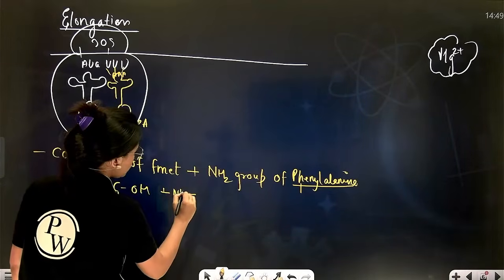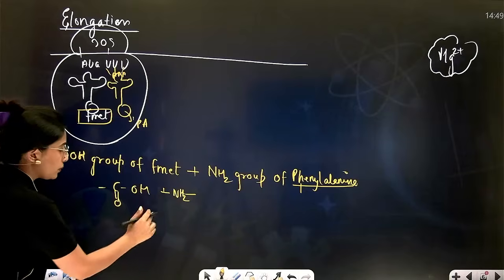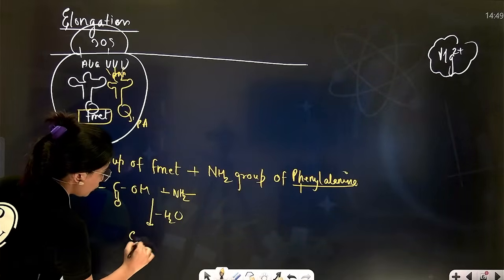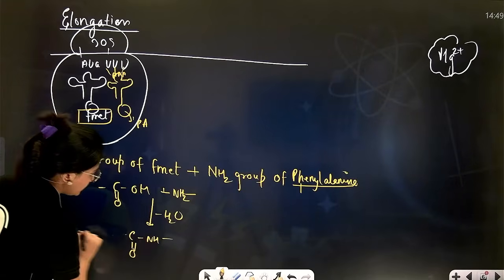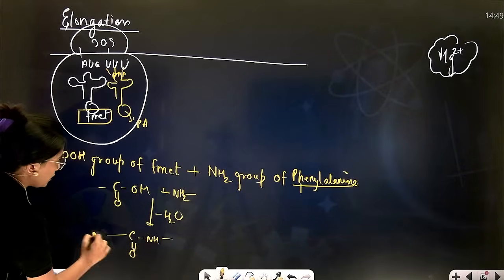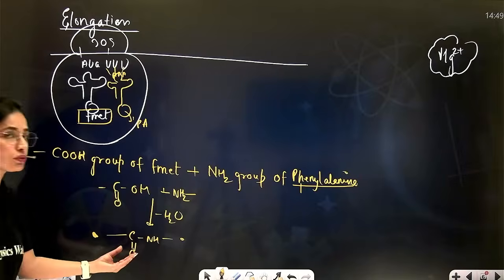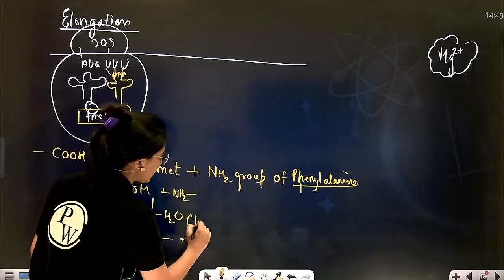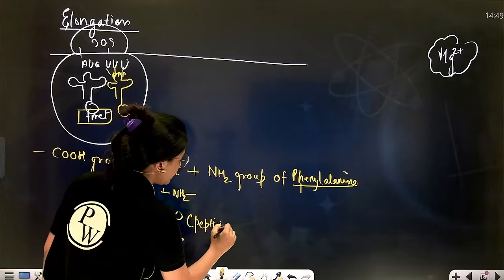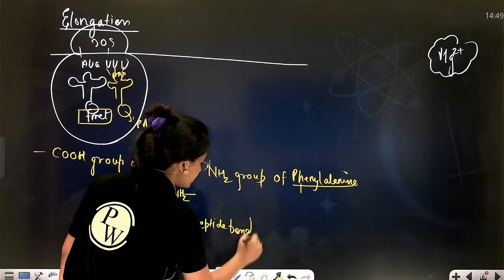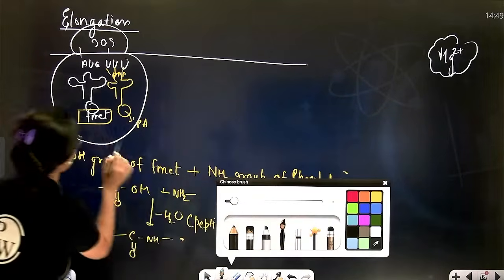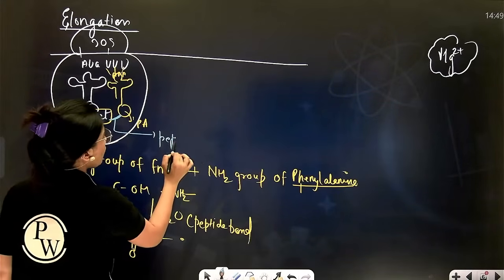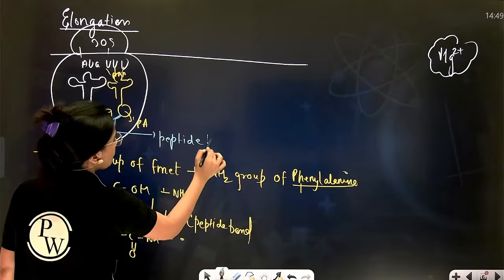Water will be released. It is a dehydration reaction to form CONH like this. The remaining groups will be over here, and this bond is basically known as a peptide bond. So these two amino acids will now get attached to each other with the help of a peptide bond.